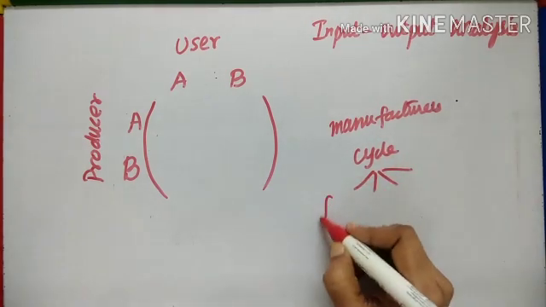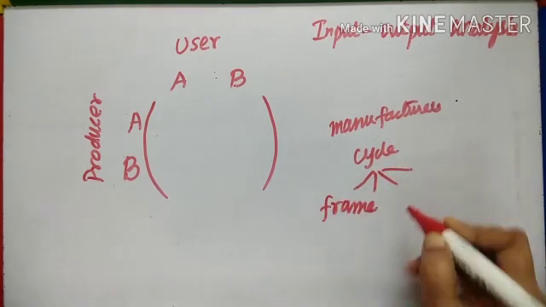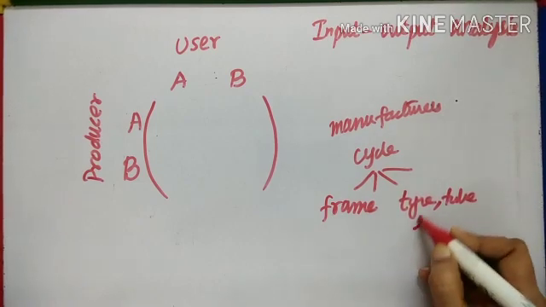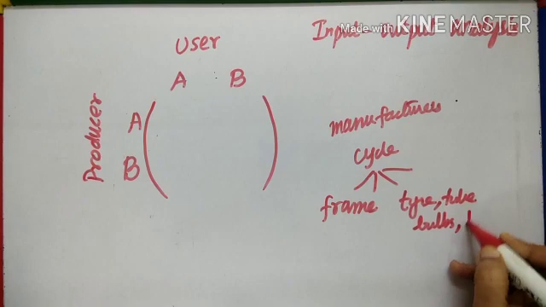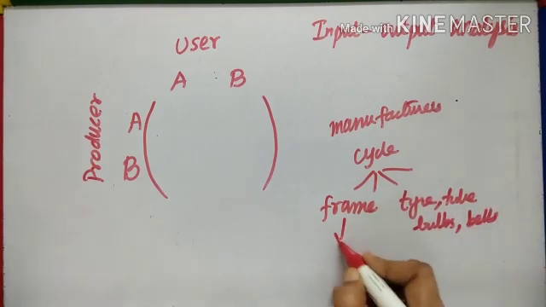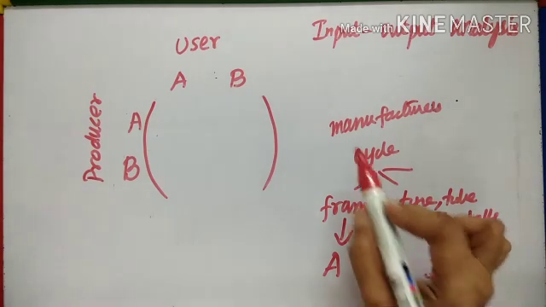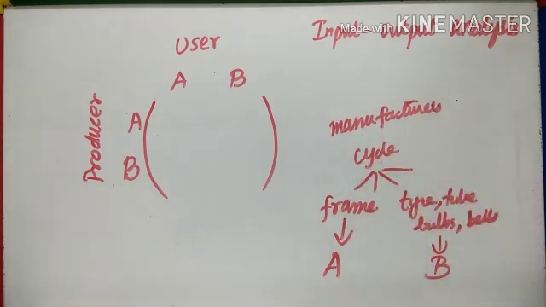So the frame of the cycle, the tire, tubes, bulbs, bells, all these things are there. So let me say industry A is producing the frame, whereas industry B is producing tire, tubes, bulbs and bells. All the fittings, industry B is producing. Now both are manufacturers of cycle only.